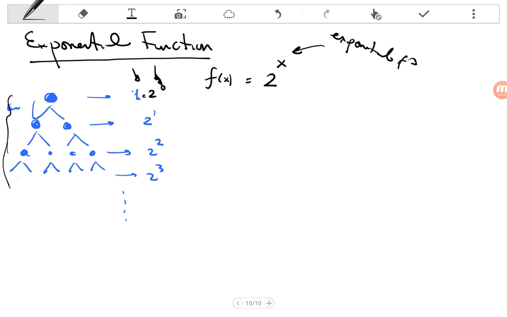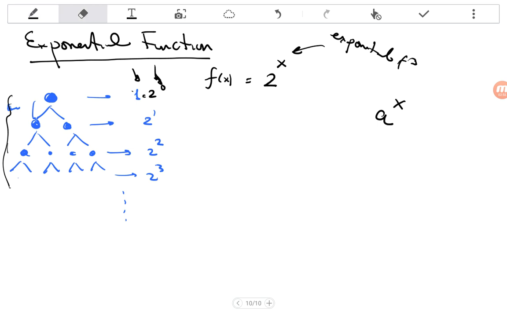So an exponential function is a function which is in this form, a power x, and we put a condition that a must be a positive value. Let's just put the condition as positive, a power x.